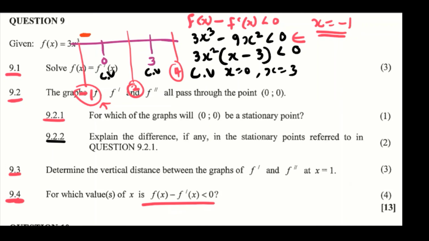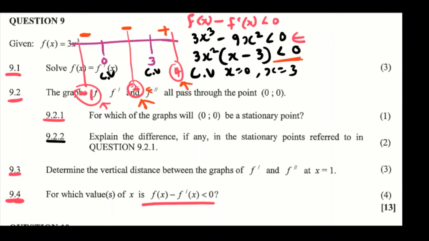And then if you substitute x equal to 2, which is this one here, you should get a solution that is -2, right? And then when you substitute x equals 4, which is this one here, you should get a positive solution of y. So we are mostly interested in negative solutions because of this inequality sign saying it's less than 0, right? It's not greater, it's less than 0.